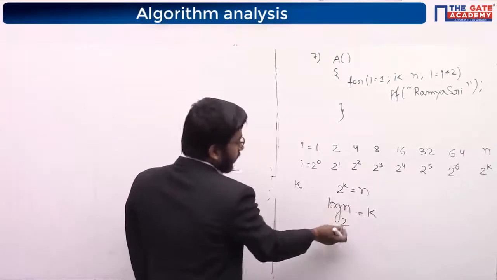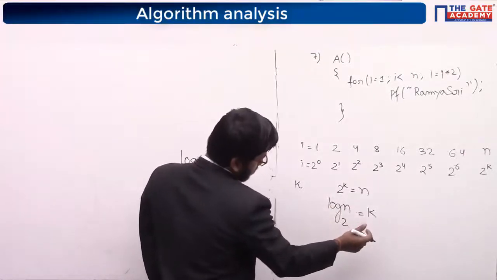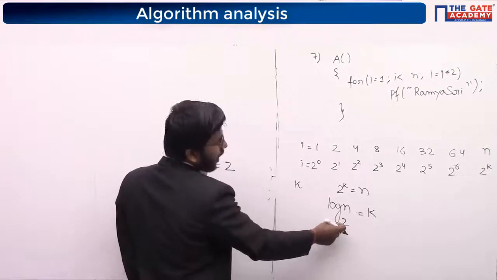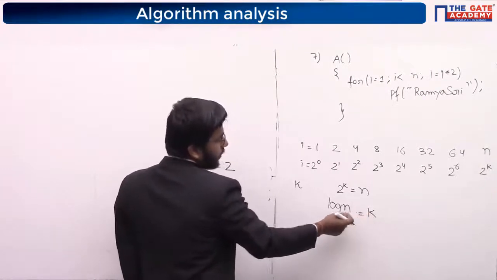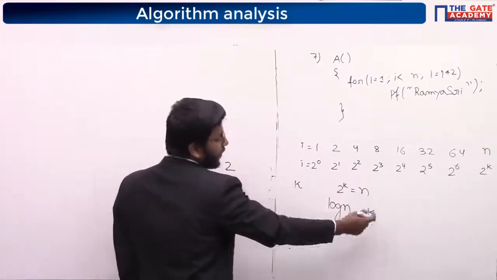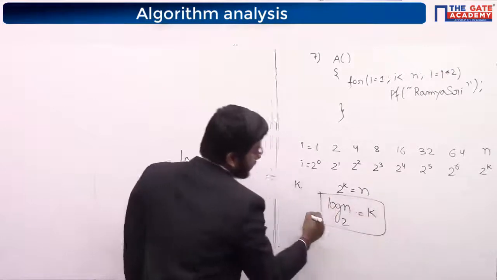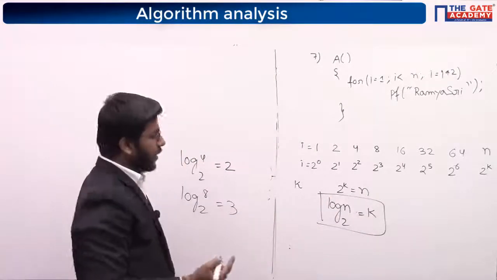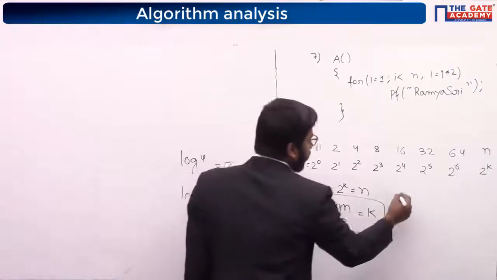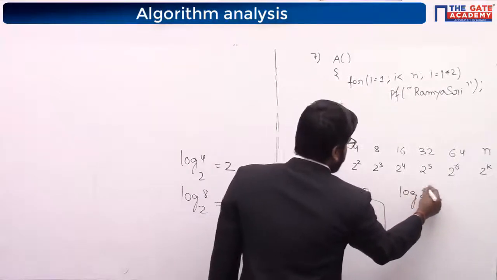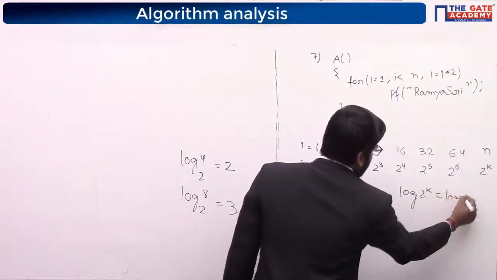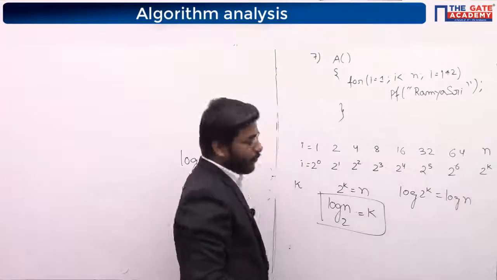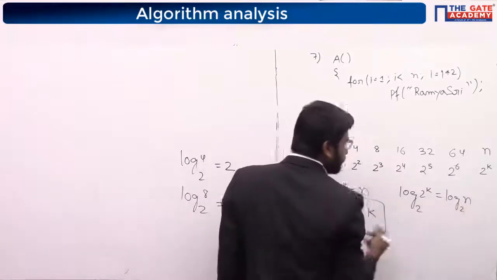So what we can put in the power of 2, that is k, so that we get n. That's why I have written it like this. So k is equal to log n base 2. Another way of solving is taking log on both sides: log 2 to the power k and log n. We know that whatever is in the power comes outside, taking base 2.